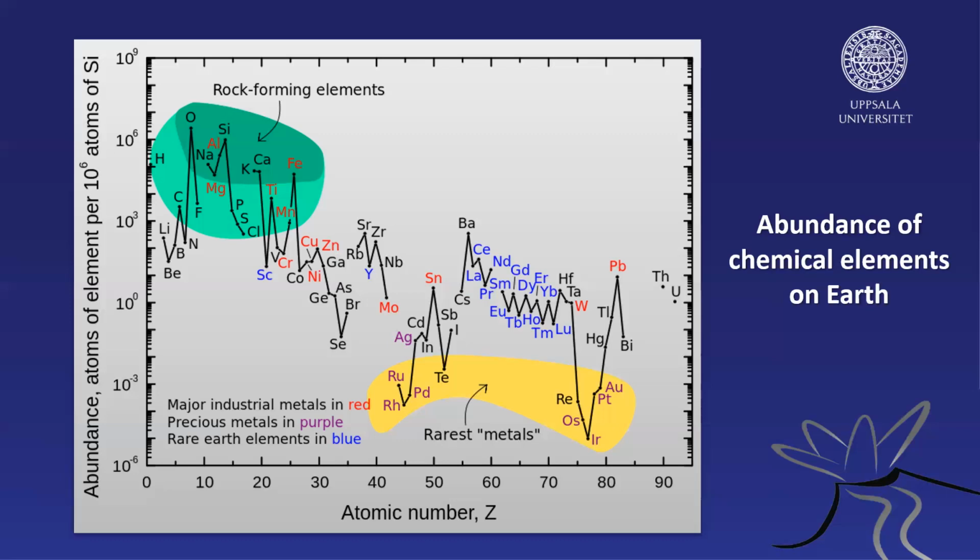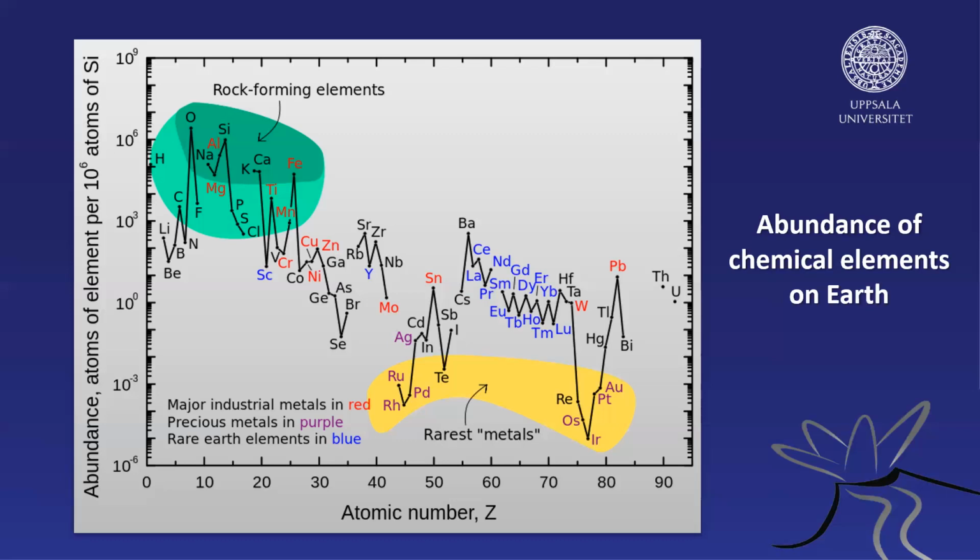It's almost as abundant as most of the rare earth elements, despite we use tungsten a lot. Lead as well is not that abundant. But then we look at very rare stuff, and that's the platinum group elements, rhenium, osmium, iridium.